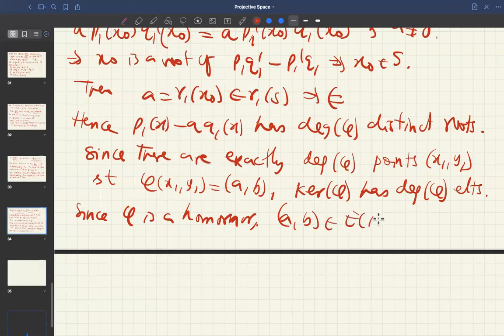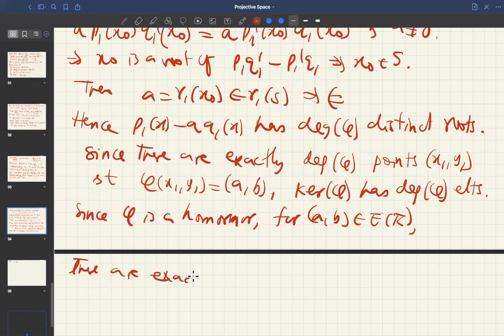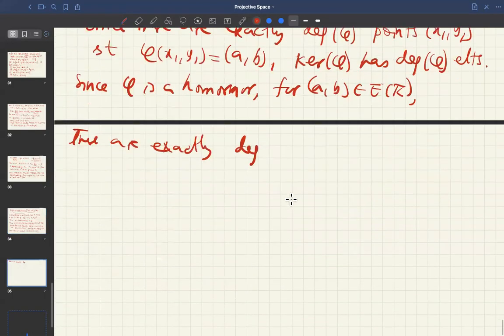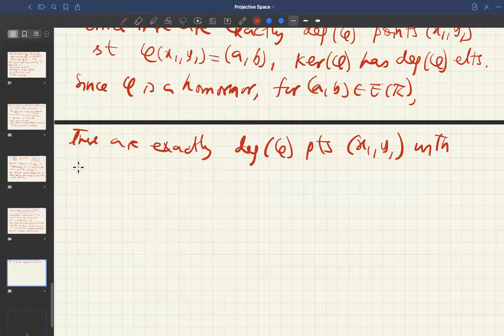so for AB in EK bar, there are exactly degree of phi points x1 y1 with phi of x1 y1 is AB.